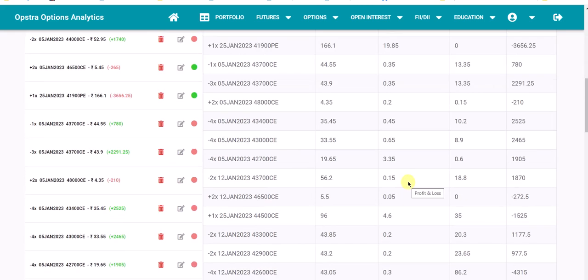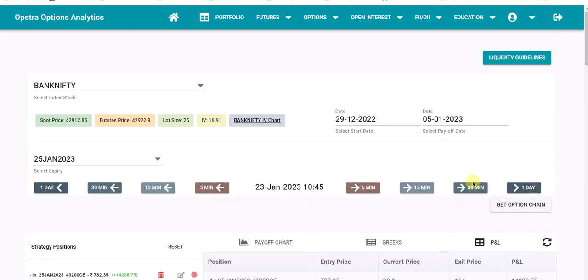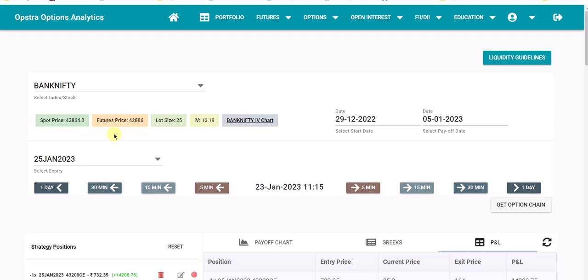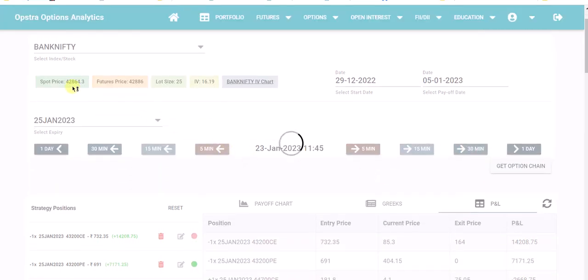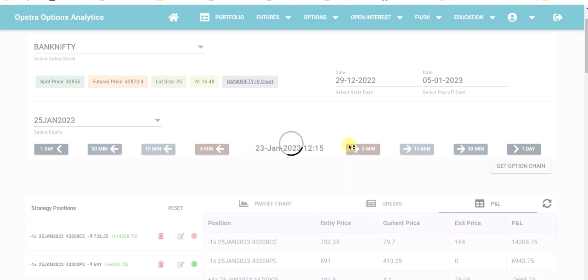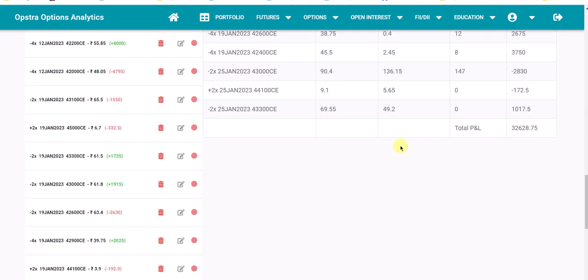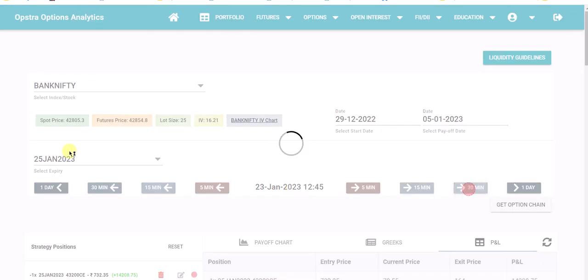Not much movement. 72 on a drag down, unless there is a 100 points move. We still have 3 more days for expiry, so unless there is a 100 points move, we don't have to see again and again. But I drag down.